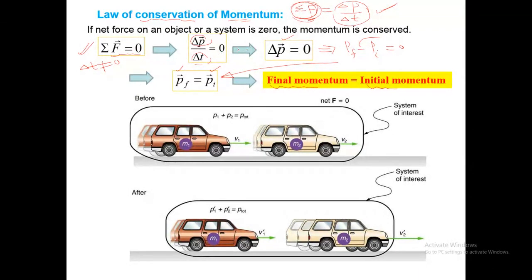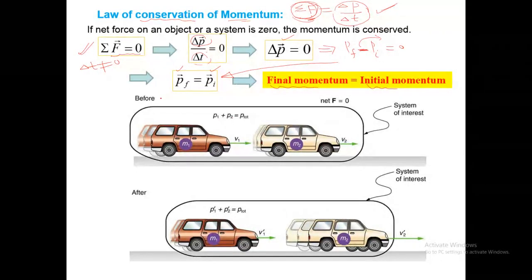Delta T cannot be 0, time is passing. So delta P is 0. When you have change in momentum, final and initial, I write final momentum minus initial momentum is equal to 0. I take it to the other side, it becomes positive. Final momentum is equal to initial momentum, right?